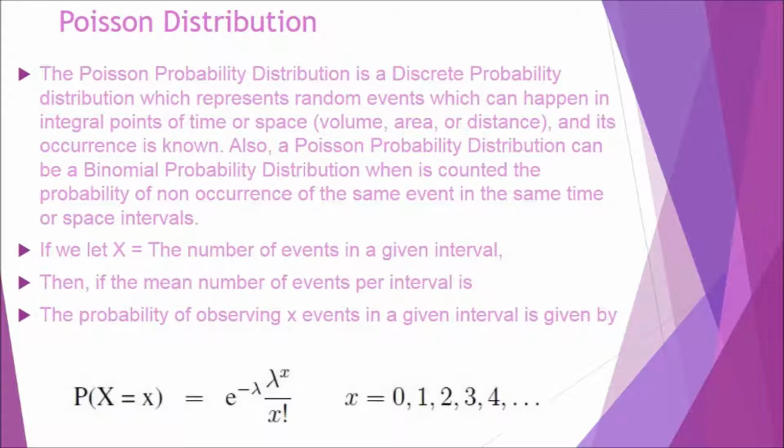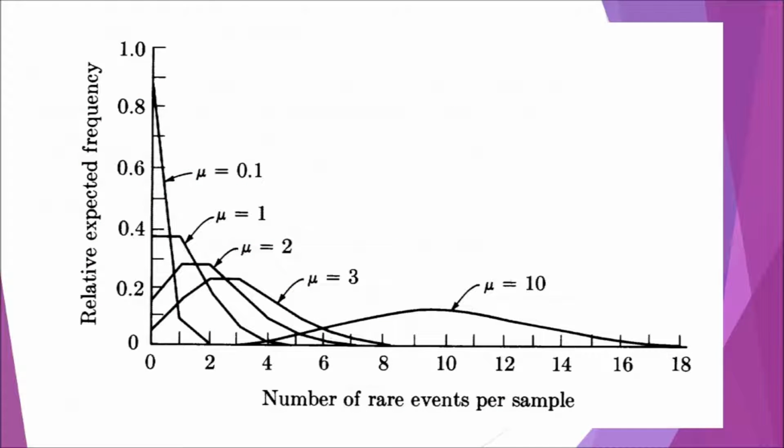You can get more accurate results of probability when you're using Poisson when you have a lot of occurrences rather than with binomial. You can see here which equation we used, and in the next slide it'll show a graph of the Poisson distribution.